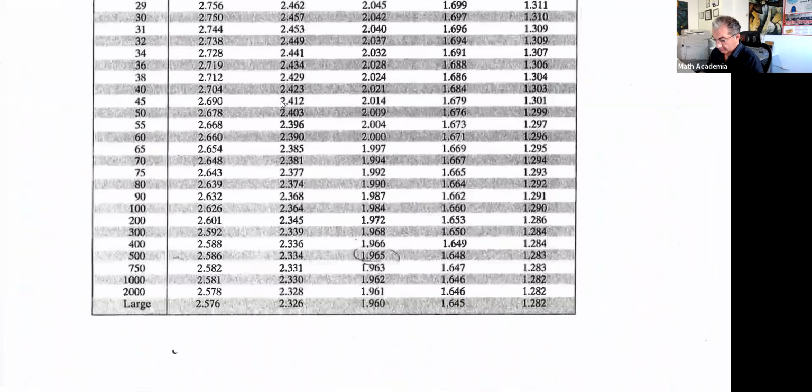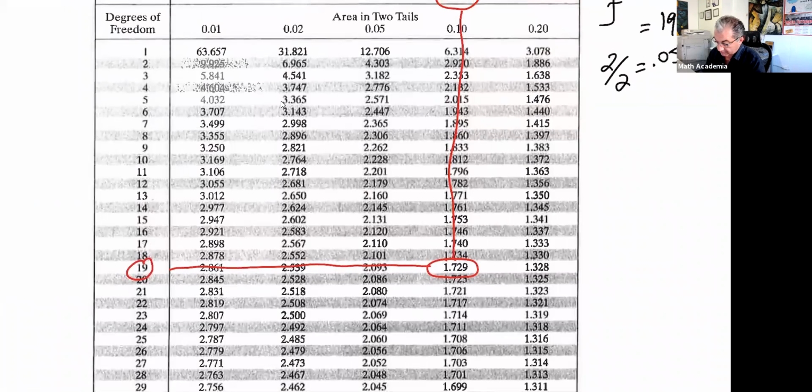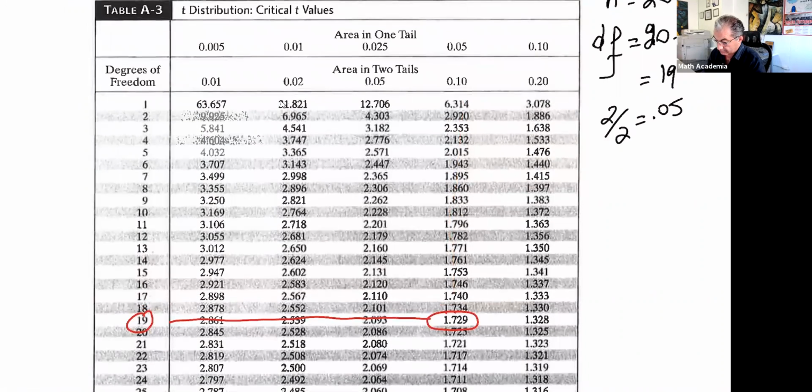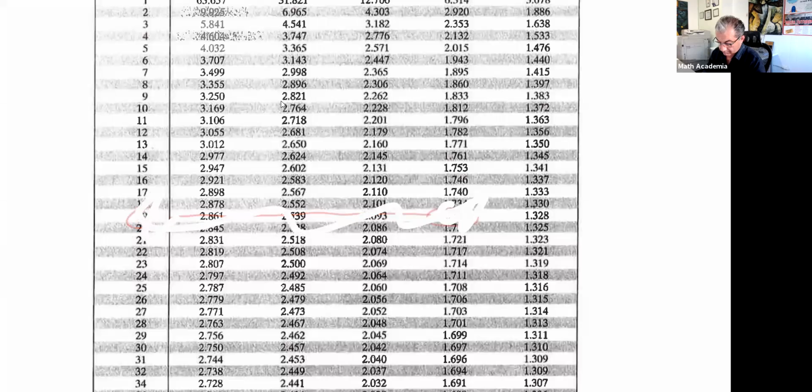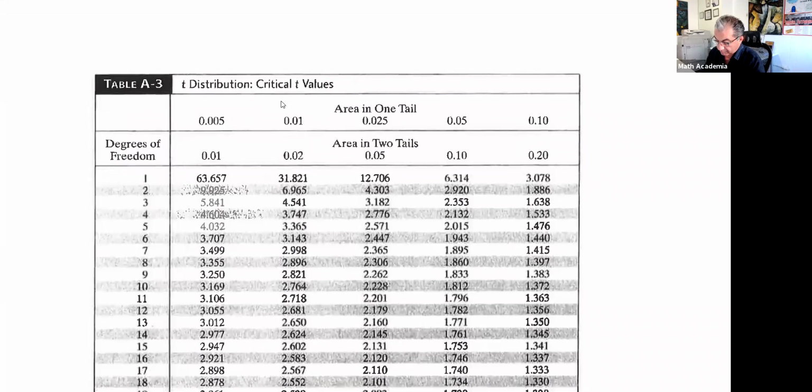Let's go to the table. Let me erase those. Let me put the new information. So we said 95%, so the area in the tail was 0.05, so alpha divided by 2 was 0.025.